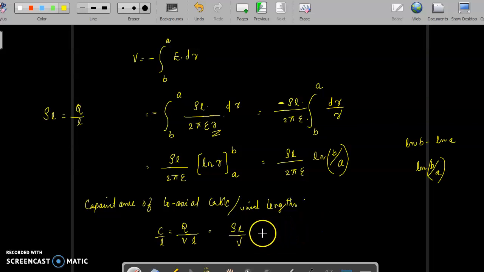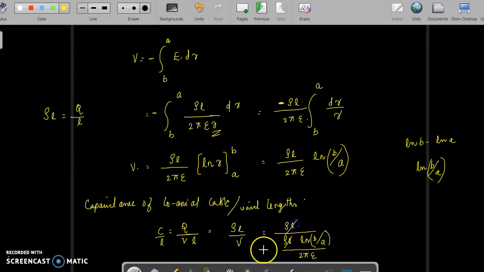So this becomes rho L. So what is V? V becomes rho L natural log of B by A upon 2 pi epsilon.